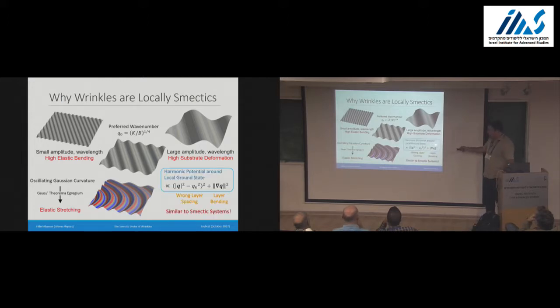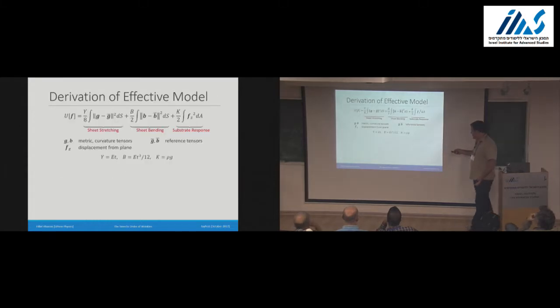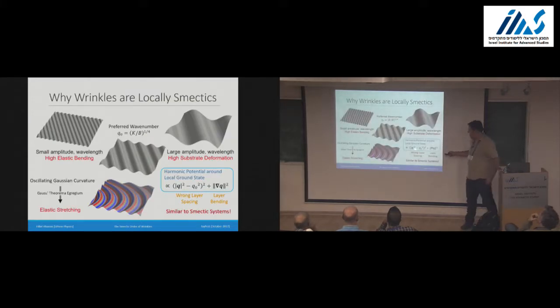Together, I can Taylor expand it around the minimum, and it would look like what I call the Smectic energy function. There is a penalty for the wrong spacing. There is a penalty for wrinkle curvature. So in this sense, this gives the wrinkled pattern properties of a Smectic liquid crystal, okay, or other lamellar systems.